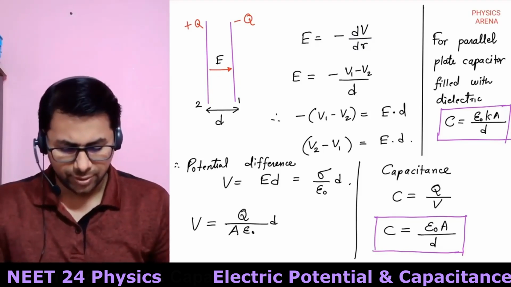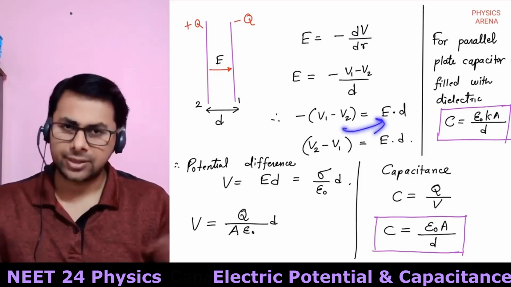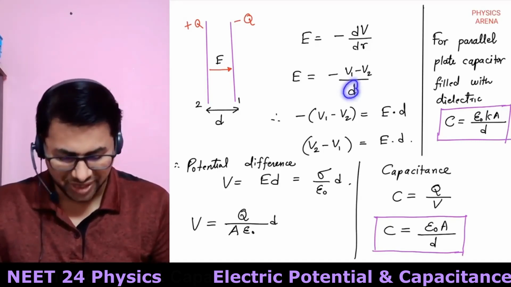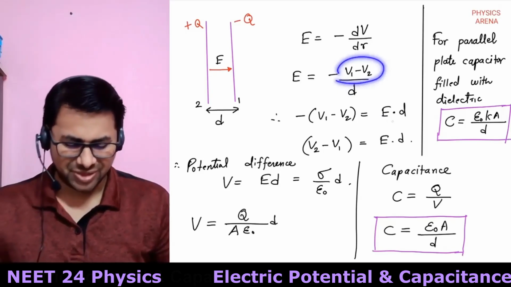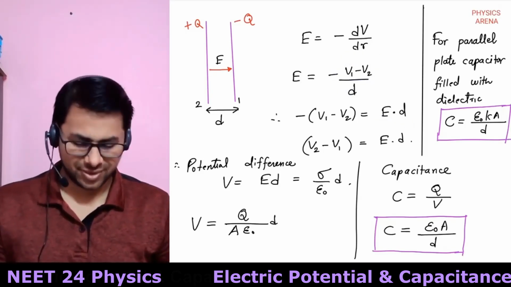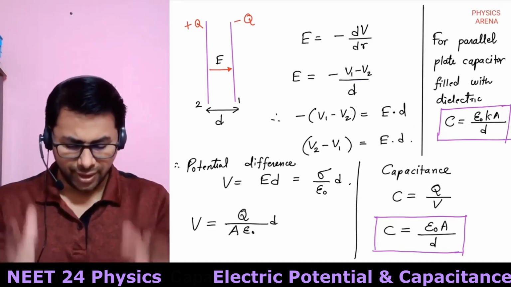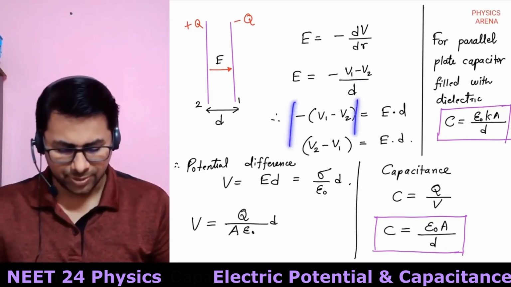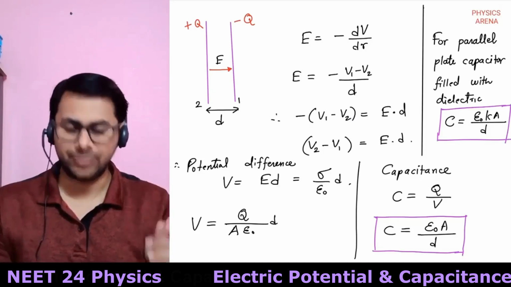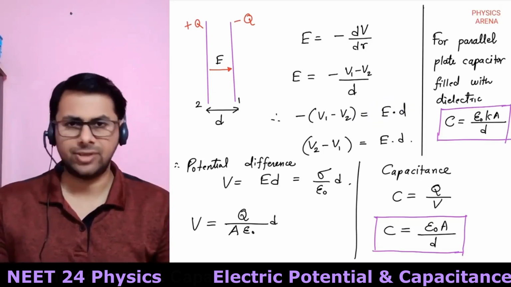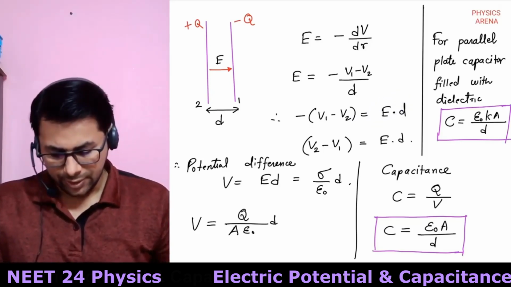Now if you move D to the other side, you get minus of (V1 minus V2) is E times D. Or you can take the absolute value of this, so it will be equal to E times D, right?